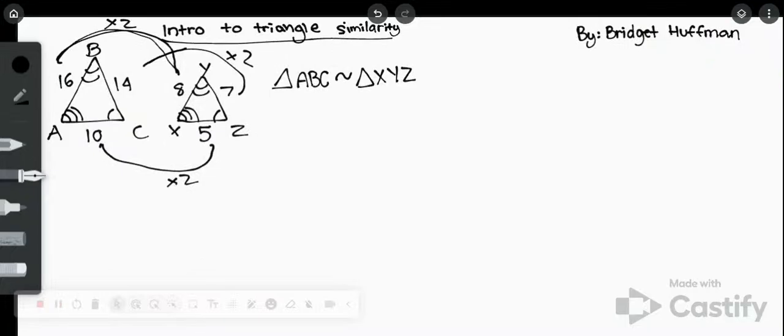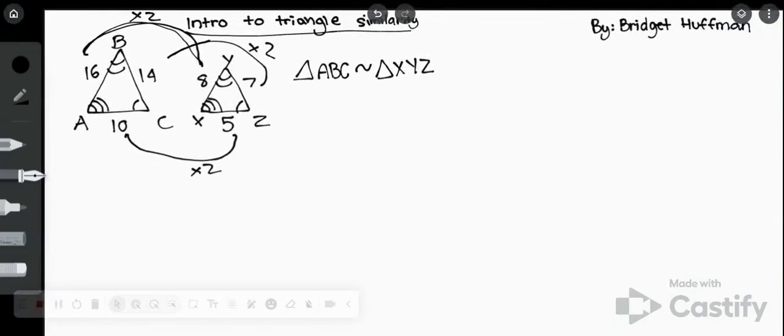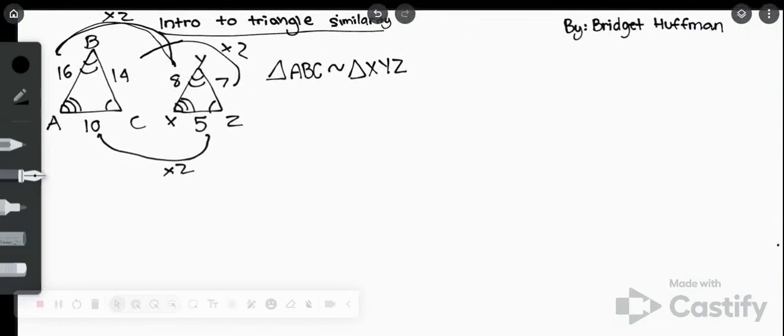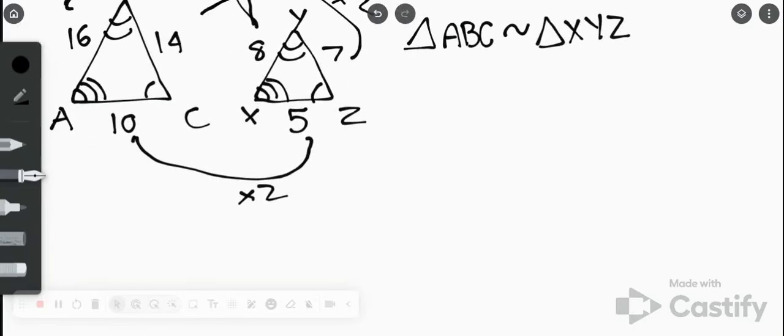Just because they are similar doesn't mean that they're necessarily congruent. But any triangles that are congruent are similar, since the scale proportion will just be 1. But here in this example, we can see that it is 2.